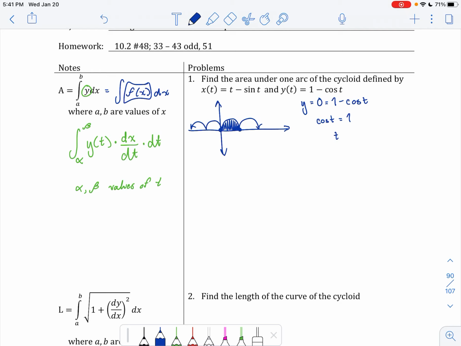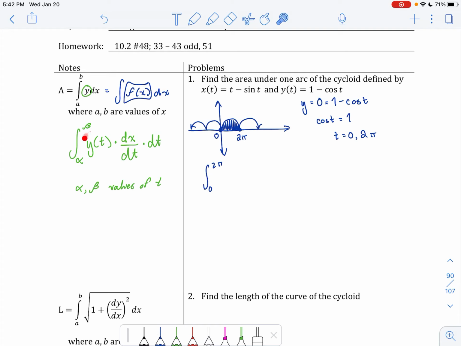The ones that we're looking at here are t equals 0 and 2 pi. So here is t equals 0, and then it comes back down again at 2 pi. The next would be at 4 pi, etc. When we set up the bounds, I'm going to use 0 to 2 pi. You could use 2 pi to 4 pi. You could use negative 2 pi to 0. All of these would be fine.